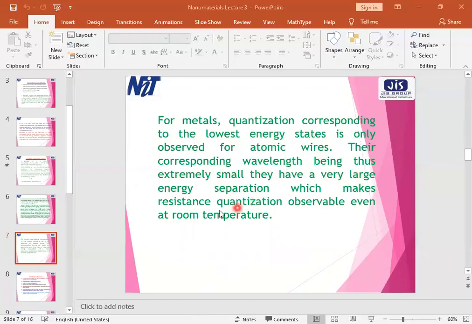So they have a very large energy separation. I told you that the band gap will be increased, which makes the resistance quantization observable, where at room temperature also, that means nearly 27 degrees centigrade to 30 degrees centigrade, you can see the thermal properties or thermal conductivity will be different.